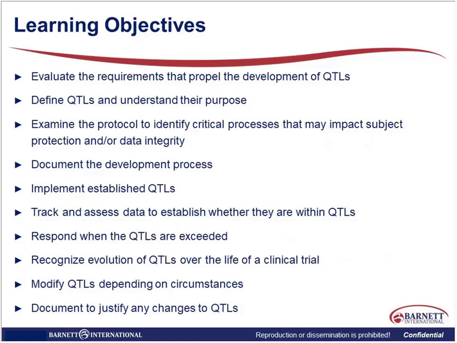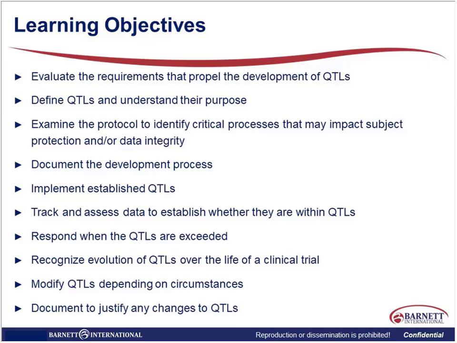We're going to look at part of a protocol to identify how to identify critical processes that could impact subject safety or data integrity, how to document that development process, how to implement your QTLs that you've established, how to track and assess the data to establish if what you're looking at is within your quality tolerance limits, and then responding when those QTLs are exceeded.